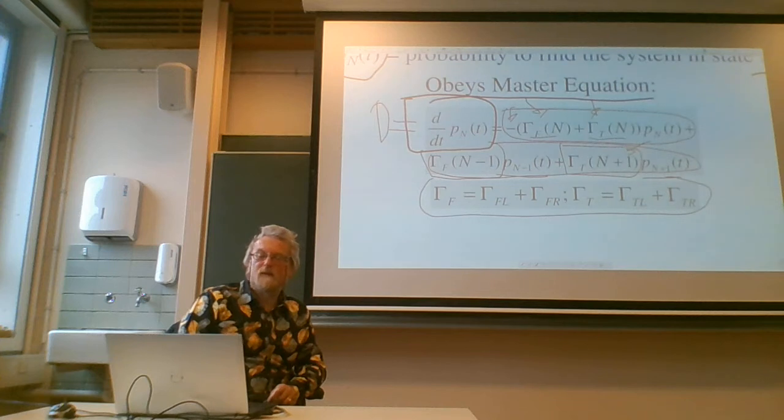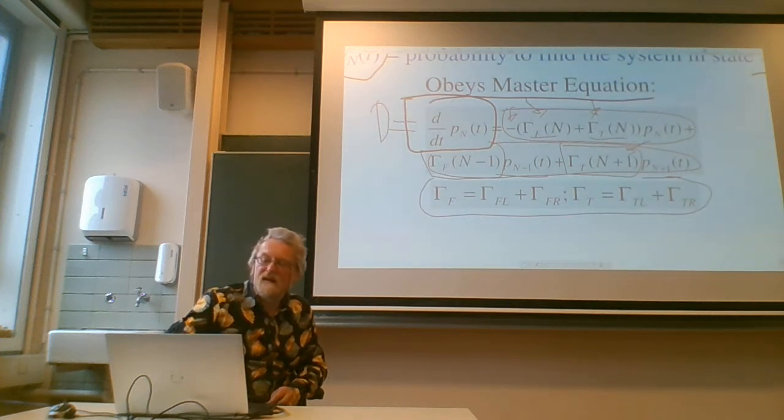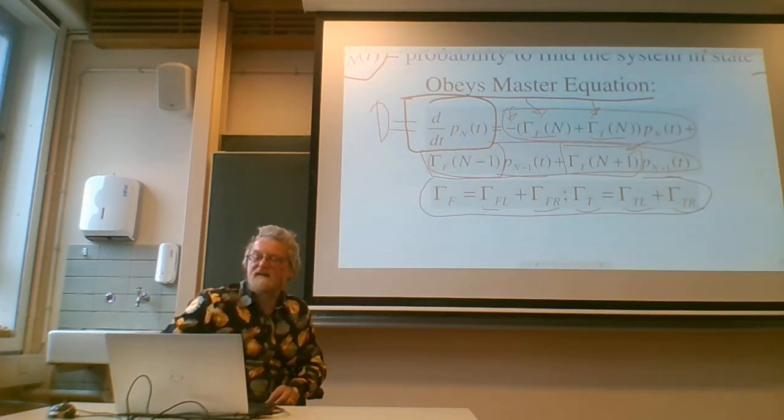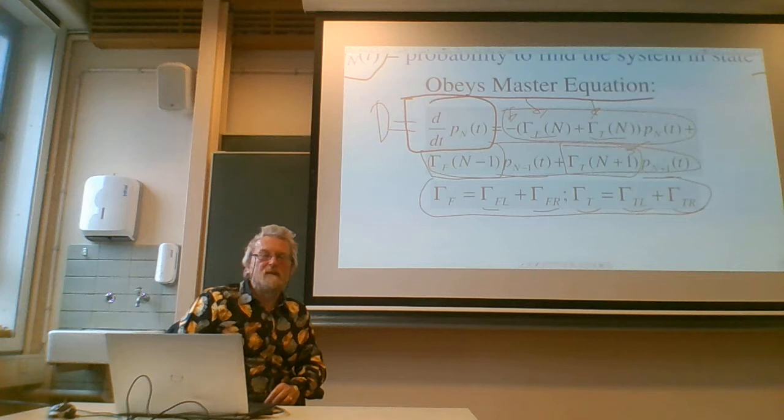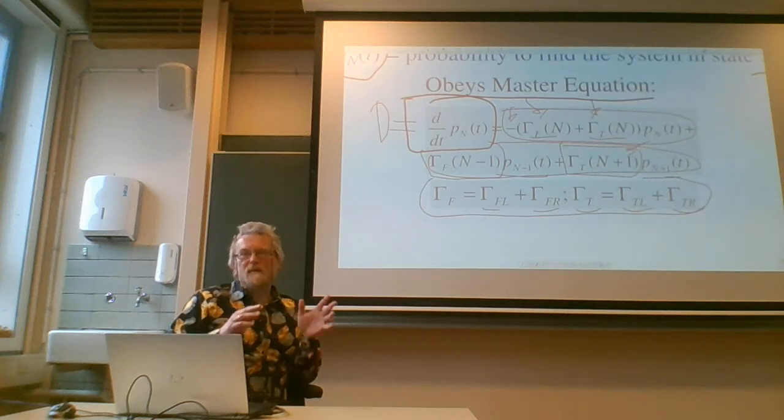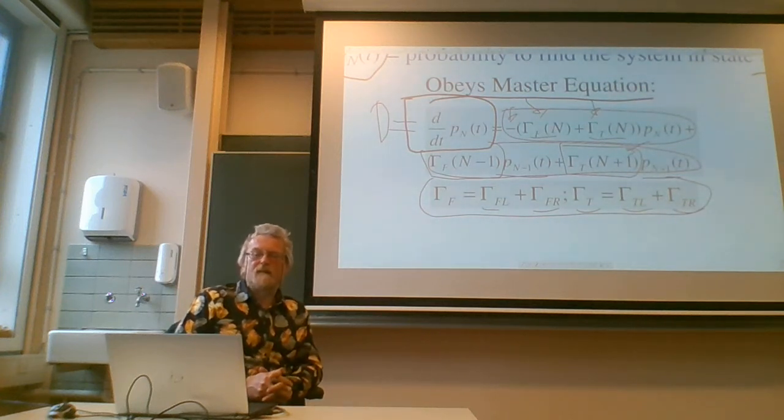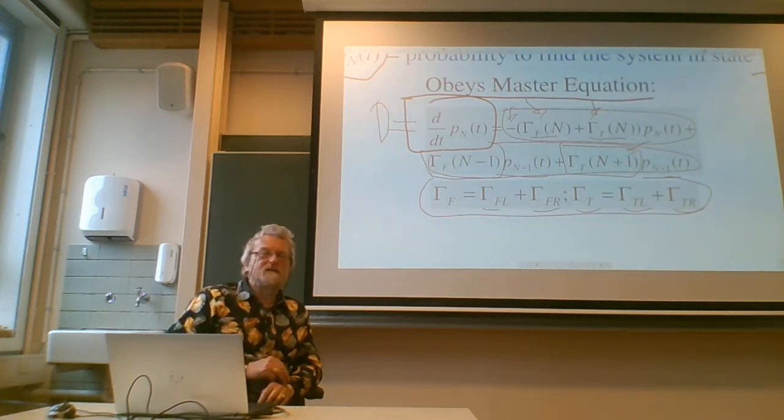It doesn't matter from which junction or to which lead it goes, left or right. So it's just a sum over partial rates I've been talking about. Good. Master equation. If we know the rates, and we will know the rates very soon, we can solve it.